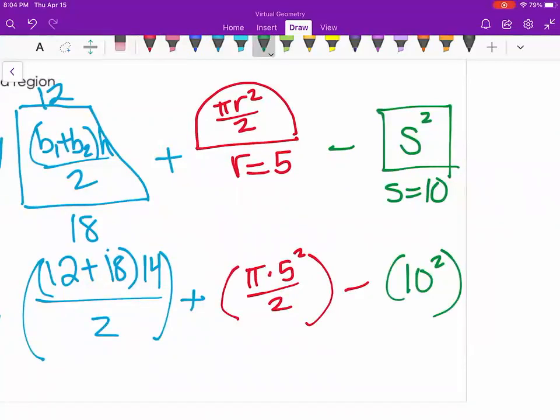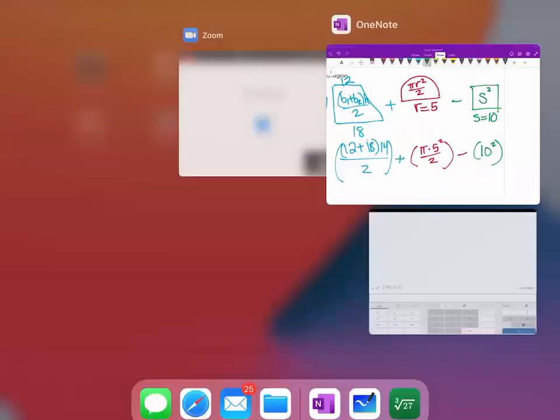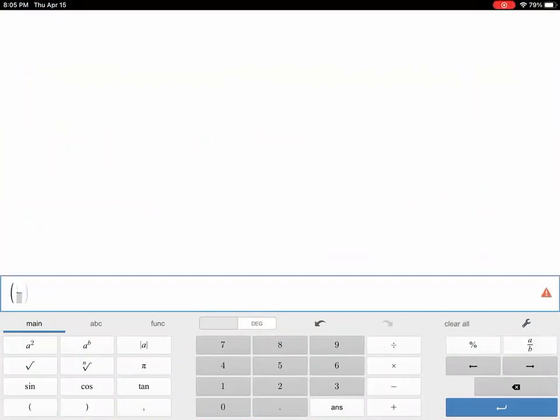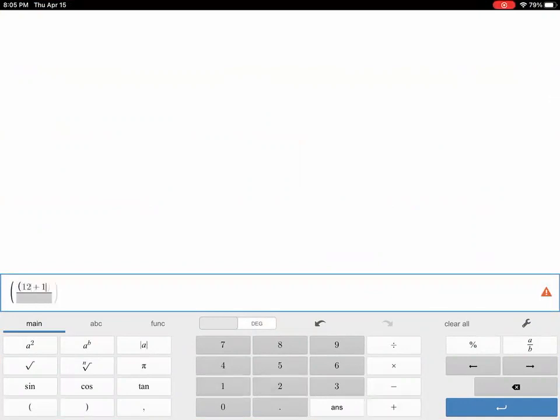And we can put all of this in our calculator. So let's go ahead and do that. I'm going to use all of those parentheses. All right, so let's do the trapezoid: 12 plus 18 times the height of 14 all over 2. Close those parentheses.